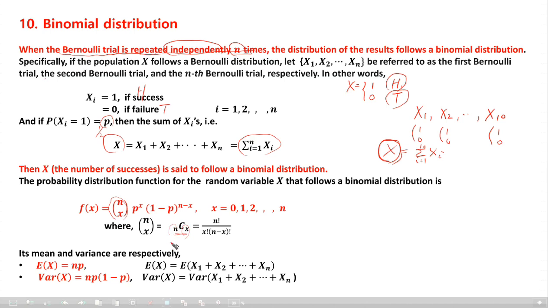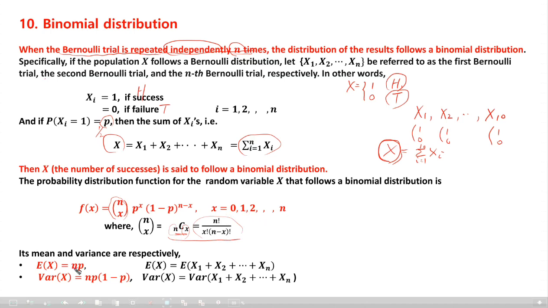How many ways to take x out of n? n factorial divided by x factorial times (n minus x) factorial. If you see this for the first time, you don't have to worry about that. Anyway, x will take 0, 1, 2, up to n.